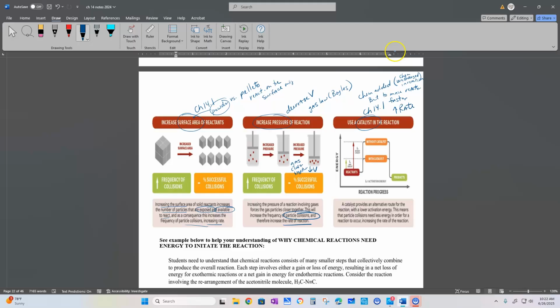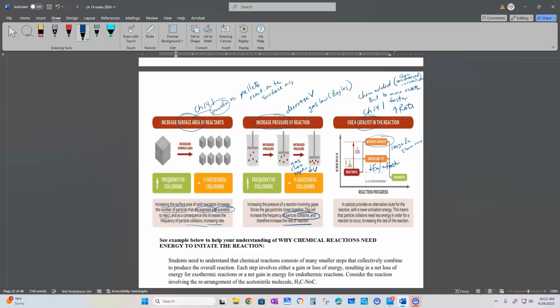This is the graph that we're going to be looking at. With the catalyst, you have what's called an EA value that's lower. It goes from the reactant to the top of the curve, and the lower the EA, the faster the reaction. Without a catalyst, you have a larger EA, which means the reaction is slower.